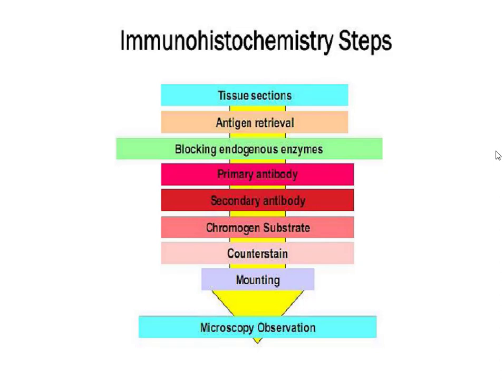On these slides, you can see the main steps of the immunohistochemical procedure. At the beginning, we take the sample of tissue and cut it into small pellicles using the microtome, and then we put these pellicles onto the slide and start the other steps like antigen retrieval, blocking of the endogenous enzymes, adding of the primary and secondary antibody, which is more often labeled by the chromogen substrate.